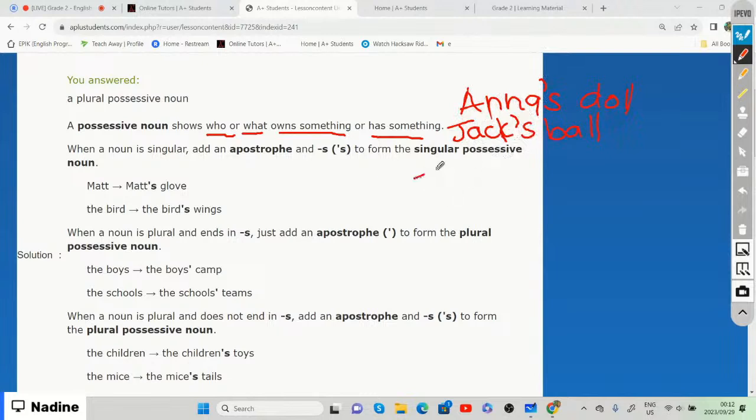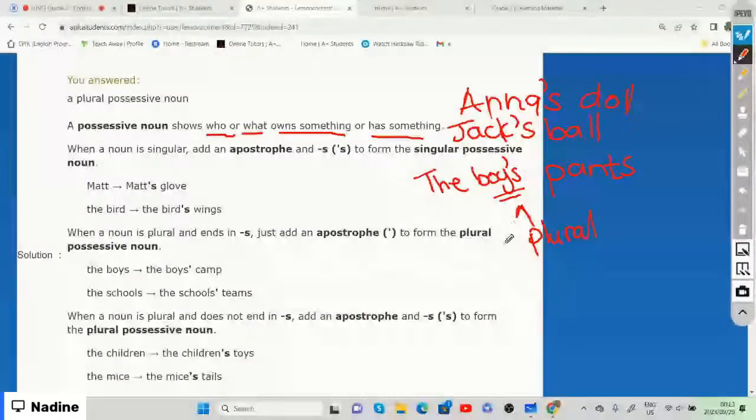The boy's pants, right? It's the pants that belong to the boy. If you put boys and you want to refer to one boy, then this is wrong because this shows plural. You need to put the apostrophe to show singular possessive.